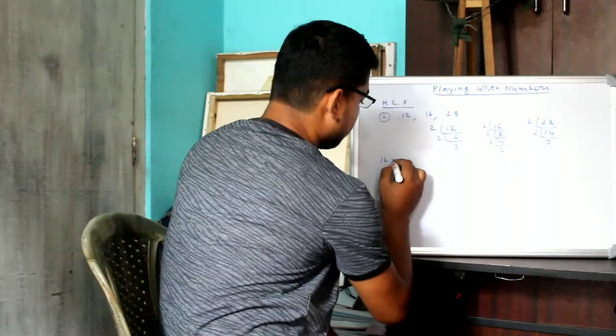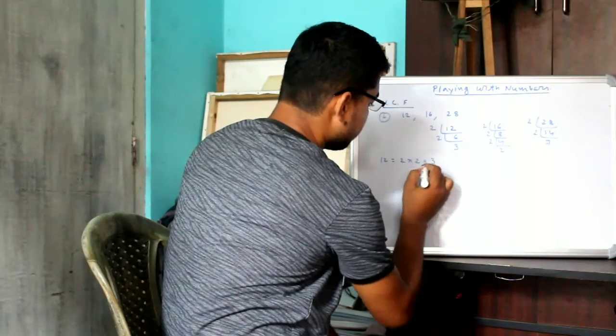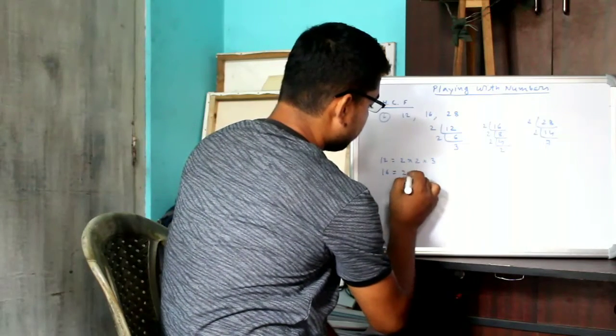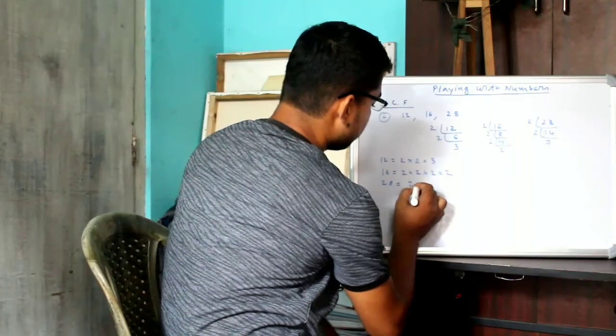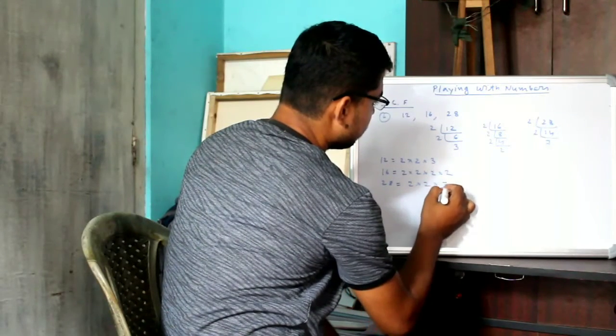So 12 equals 2 into 2 into 3, 16 equals 2 into 2 into 2 into 2, 28 equals 2 into 2 into 7.